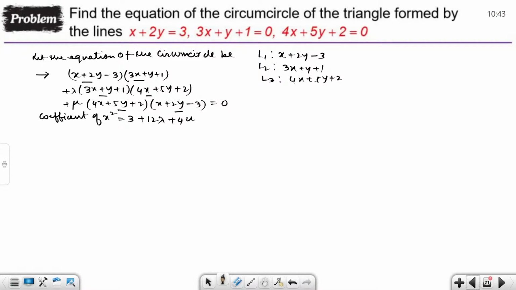That's it. Then find out the coefficient of y square. From this one, I am getting 2y square, so the coefficient is 2. From the second one, we are getting 5 lambda. And from the third one, we are getting 10 mu. Am I correct? Now, the coefficient of x square and the coefficient of y square, they are the same.